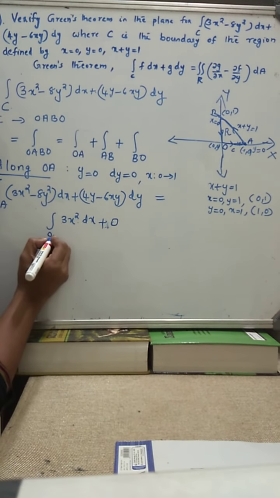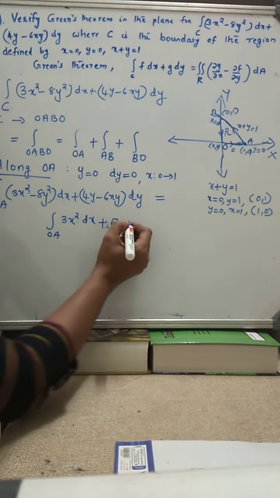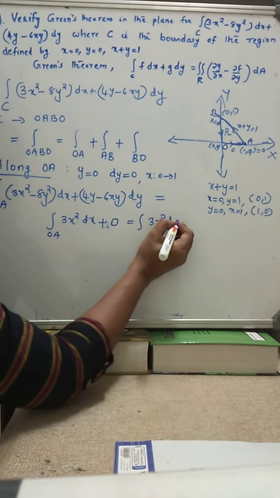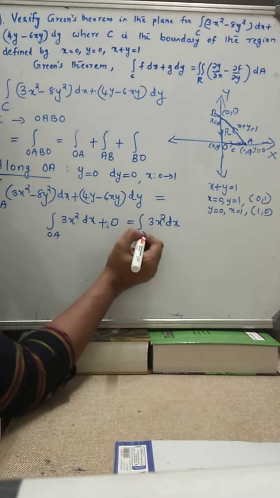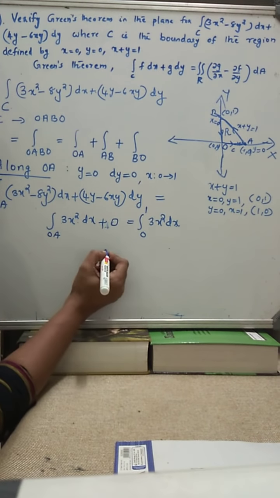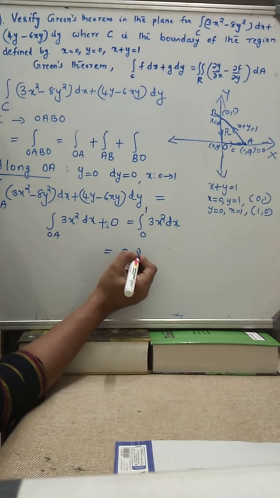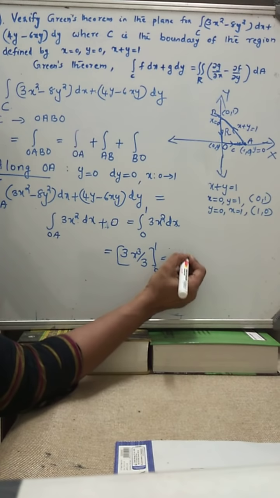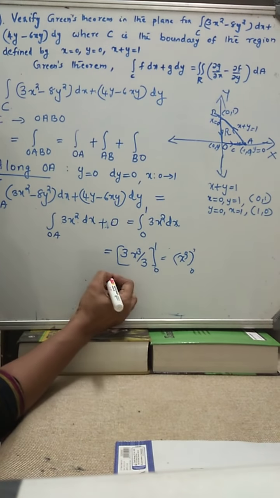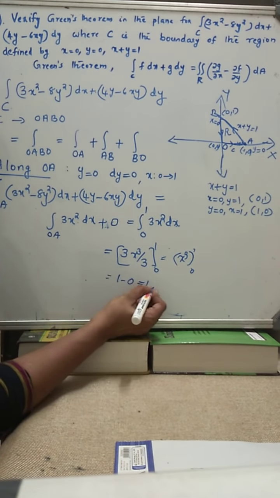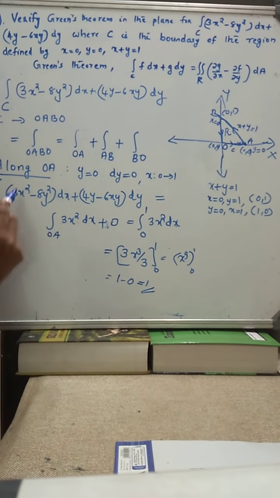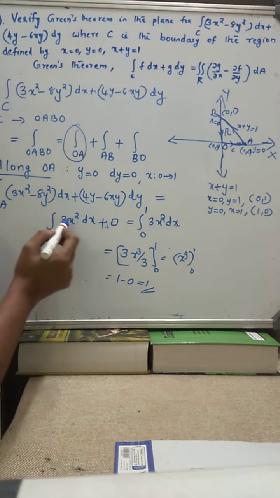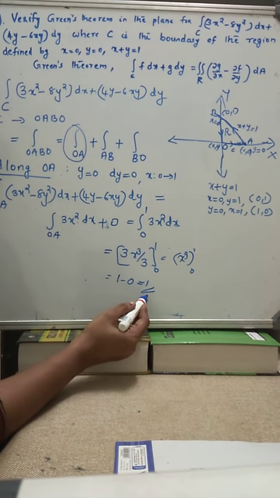It is the integral along OA of 3x² dx, with x varying from 0 to 1. So it is equal to 3x³/3 within the limits 0 to 1, that is x³ from 0 to 1, so 1 − 0 is equal to 1. So along OA, the integral is equal to 1.